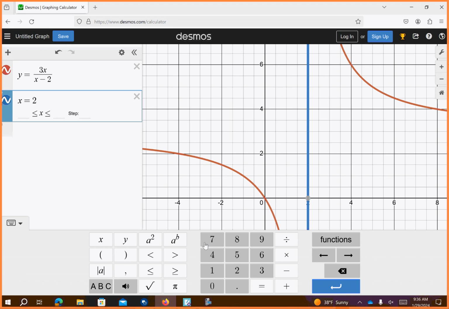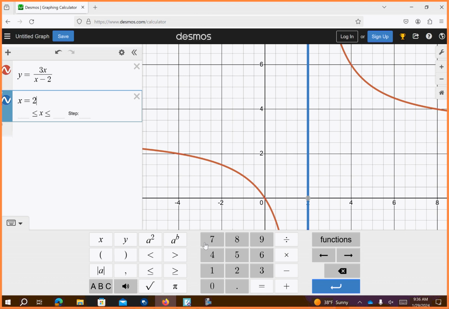The first one is if the degree on top and the degree on bottom are equal. Well, on top I have 3x to the first. On bottom, I have x to the first. If they're the same, then the lead coefficient, 3 over 1, or 3, would be my horizontal asymptote, which is right here.